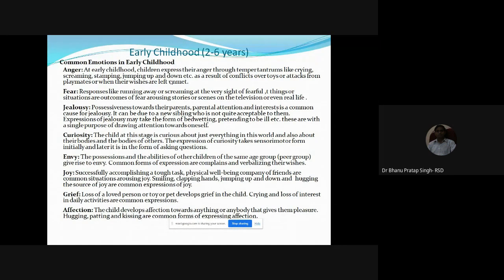The expression of curiosity takes a sensory-motor form initially and later it may be a kind of questioning pattern. If the child is curious, then he always asks questions of parents as well as teachers, even family members.